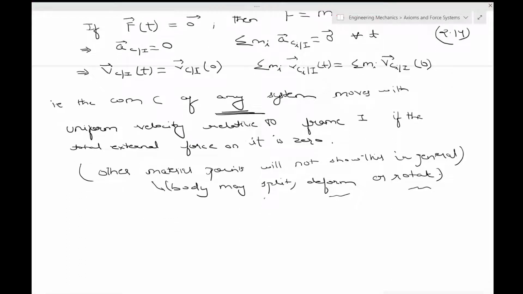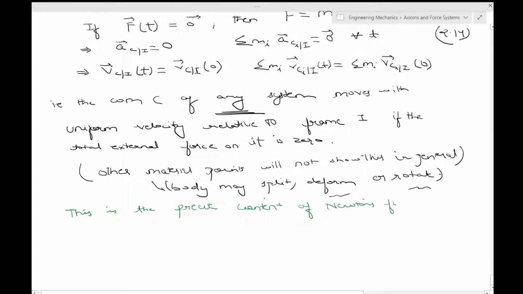And this statement is actually the precise content of Newton's first law.